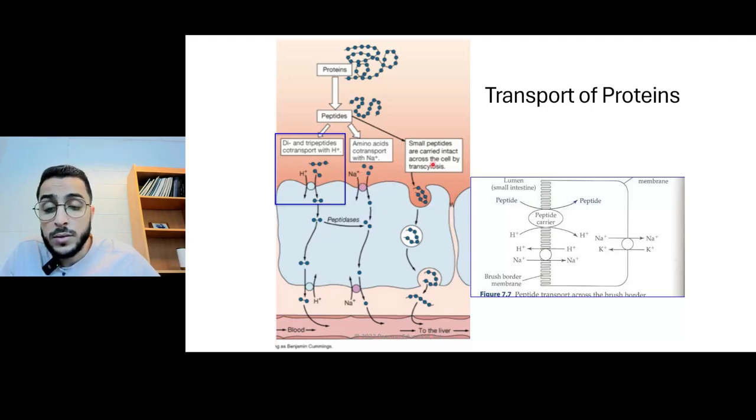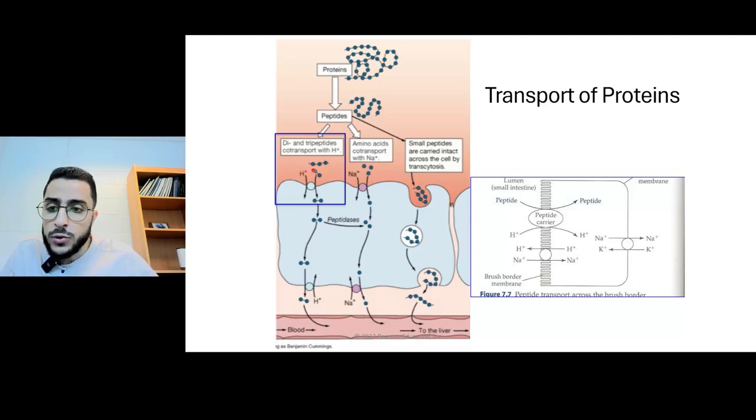Sorry, not dipeptide and tripeptide, bigger peptides. And then single amino acids get transported by a sodium transporter, which carries one sodium ion inside the cell, and one amino acid with it. And then di and tripeptides are co-transported with a hydrogen ion.